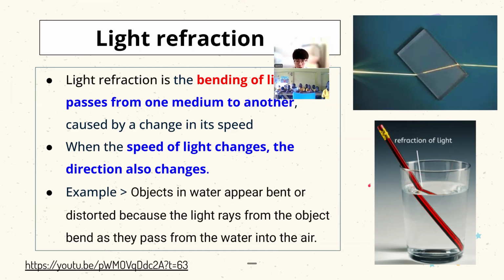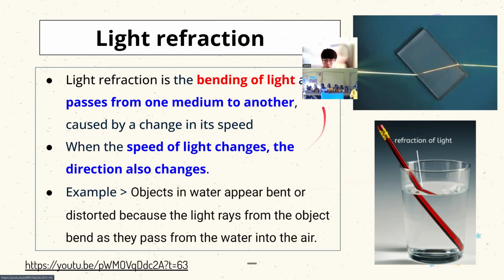Same with water. The density of air and the density of water is different, so it appears bent. Let's look at this video, which shows some parts of light refraction and why that happens.